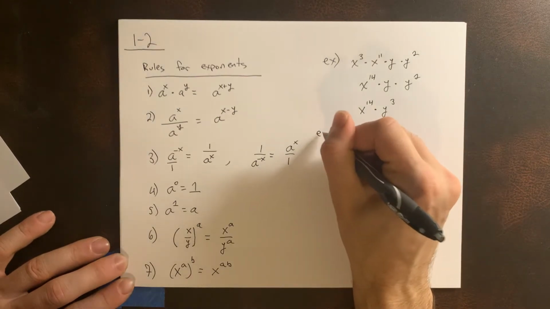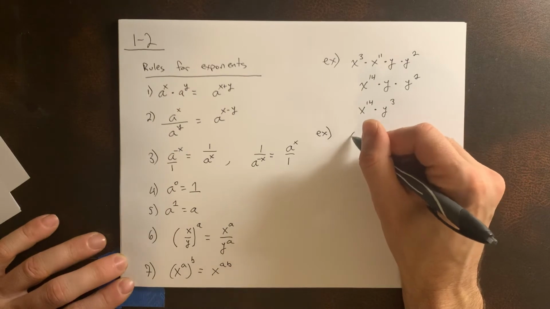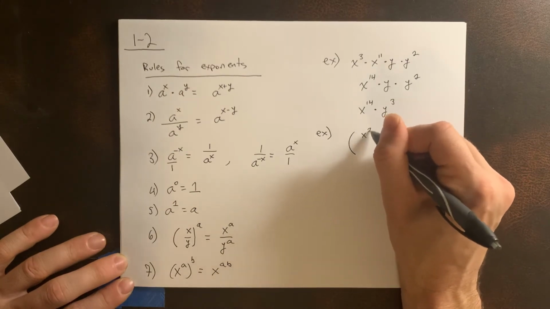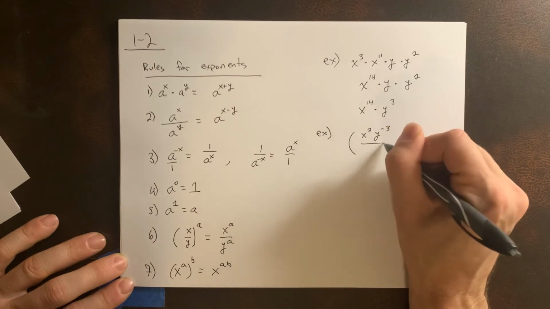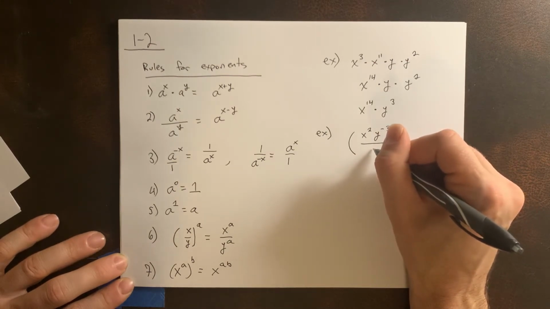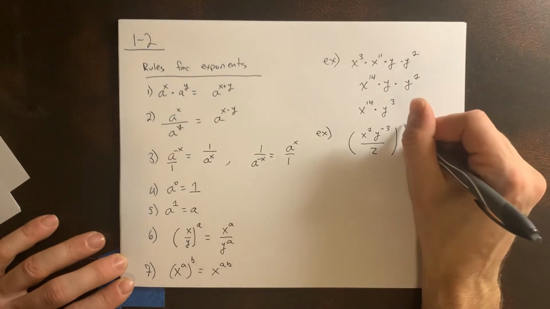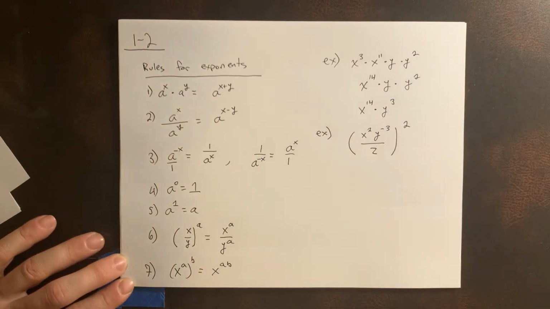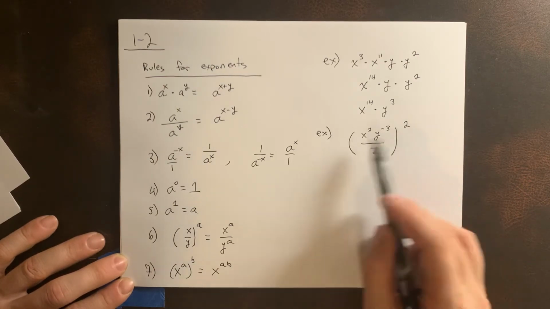Okay, so let's do another example. Say we have x squared, y to the minus 3, all over z, and then we raise this all to the power of 2. The first thing we're going to do is simplify and get rid of this parenthesis.